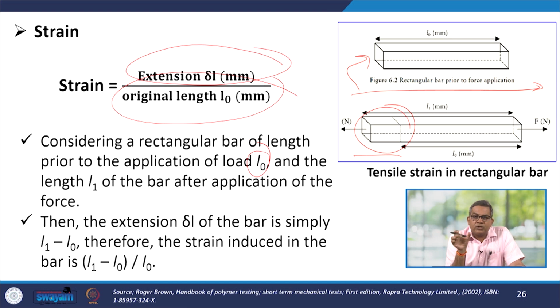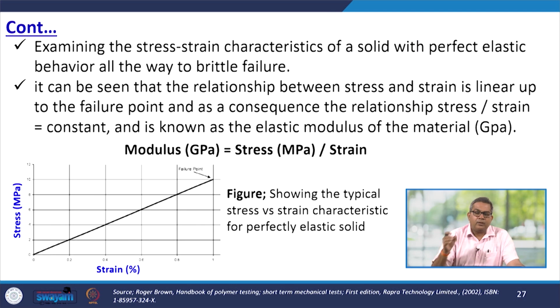Then the extension delta L of the bar is simply L1 minus L naught, and therefore, the strain induced in the bar is L1 minus L naught over L naught.